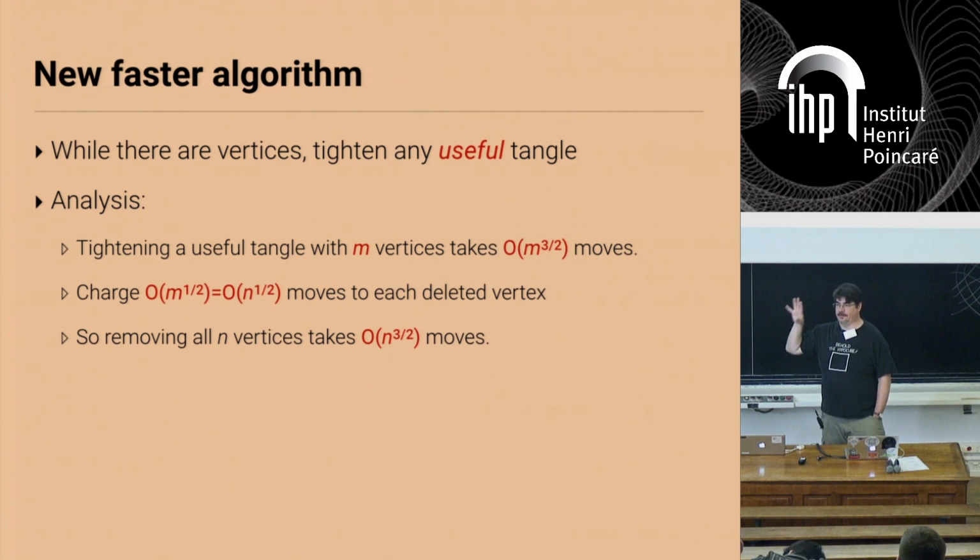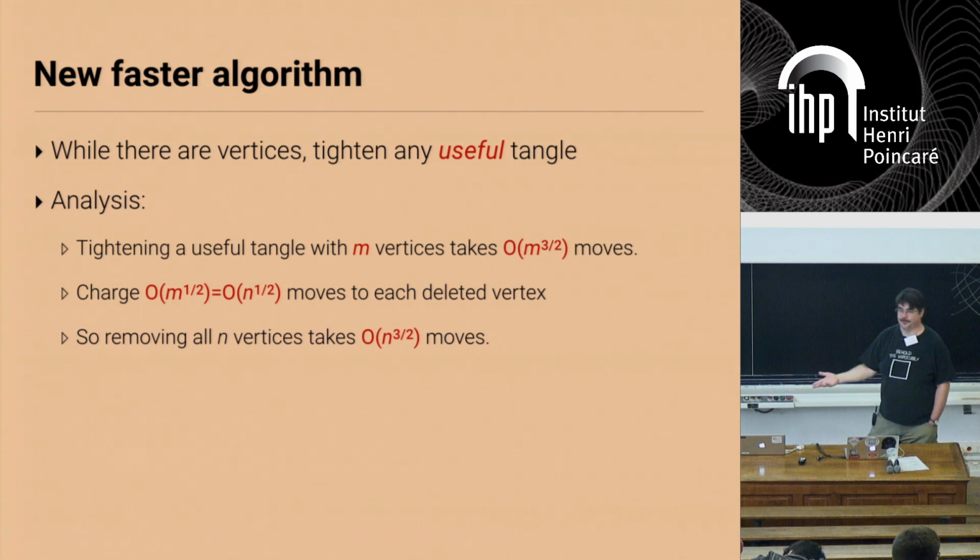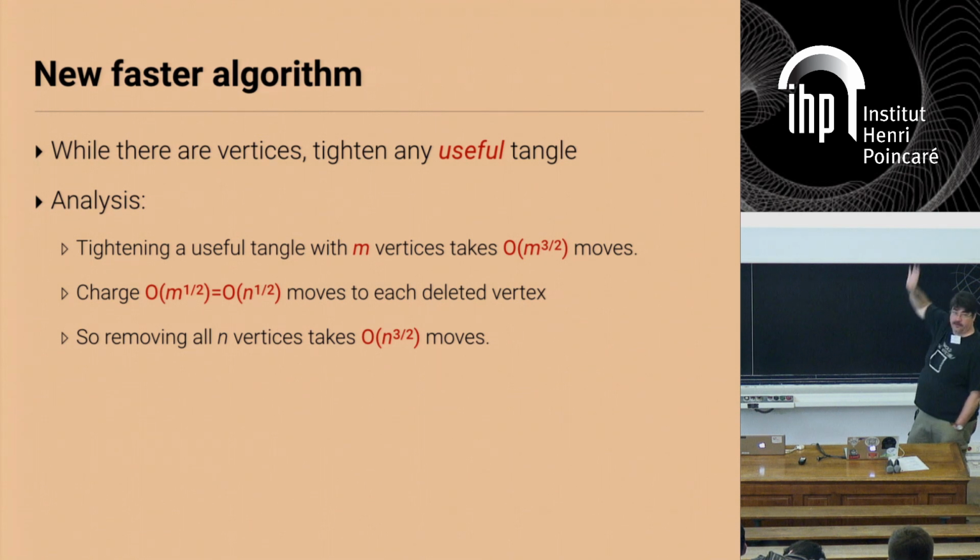So the deepest useful tangle does not necessarily contain a positive move. What we would like is a useful tangle that contains the deepest positive move, and we don't know how to show that that exists. There are generalizations for multiple curves. There's some additional dependence on the number of curves when you do this, and I'll just point to the paper for that.